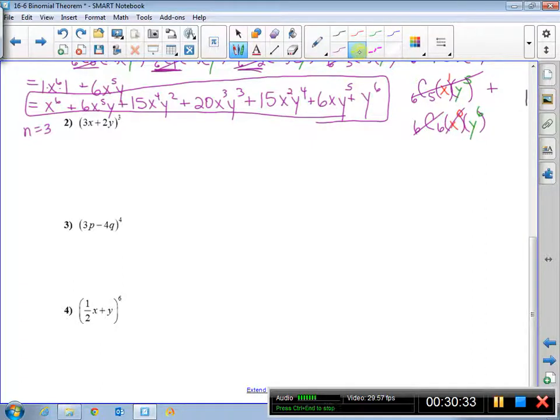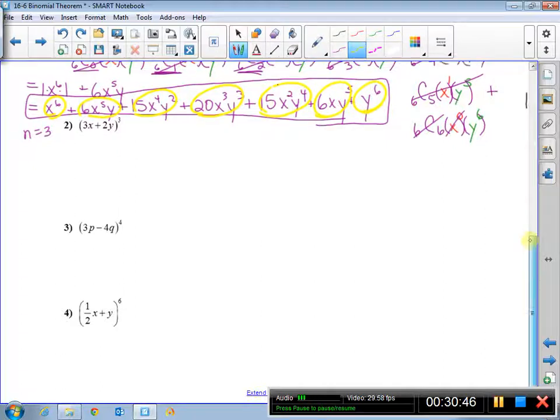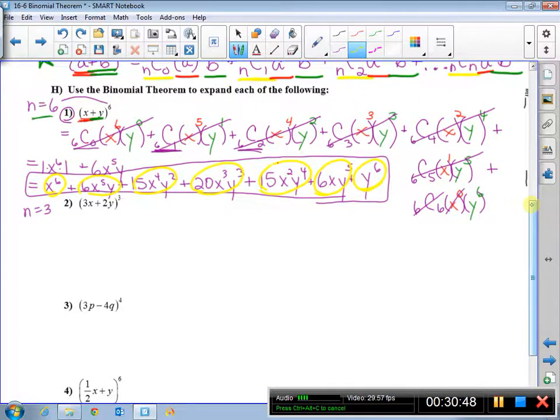I had an n value of 6, and I have 1, 2, 3, 4, 5, 6, 7 terms. So you always get one more term than your power because of those zeros. Here I had 7 terms. Here I'm going to have 4. So I won't have to squeeze as much.